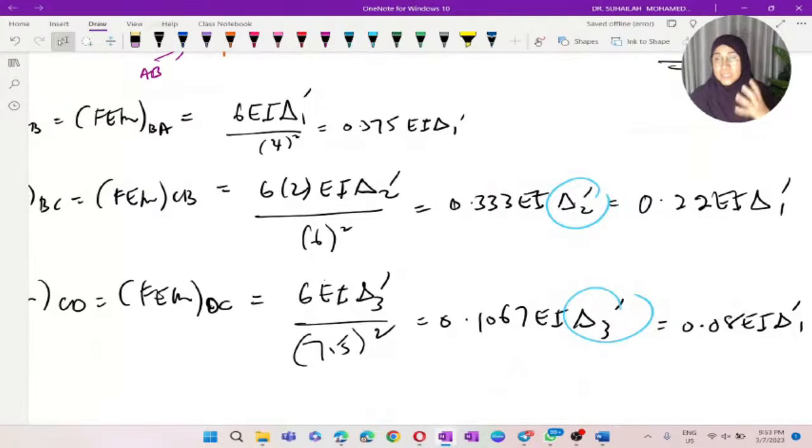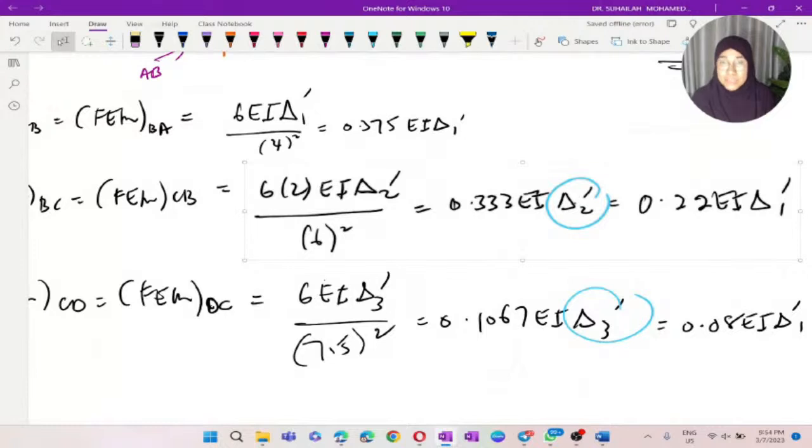This is FEM in terms of EI delta 1 prime. Once we have the same EI delta 1 prime for all FEM AB, FEM BC, and FEM CD, we can find the ratio.